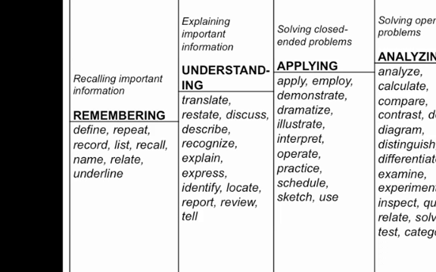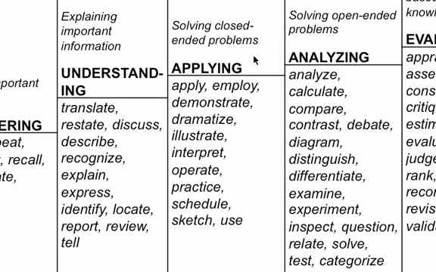So at a very basic foundational level, we would hope that a learner would be able to remember. The next level of complexity is around understanding, being able to explain important information. At the next level is the idea of application, or that our learners are able to apply what they have remembered and understood in order to solve closed-ended problems.